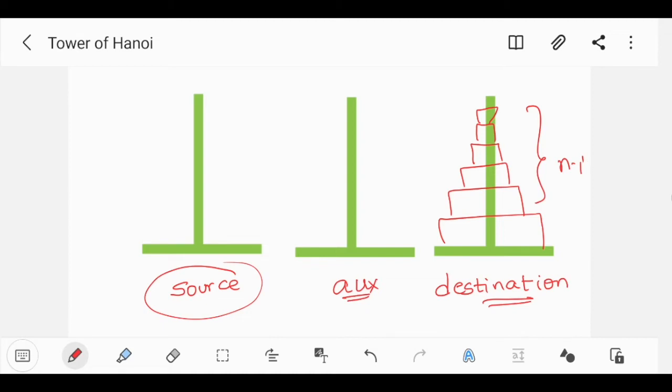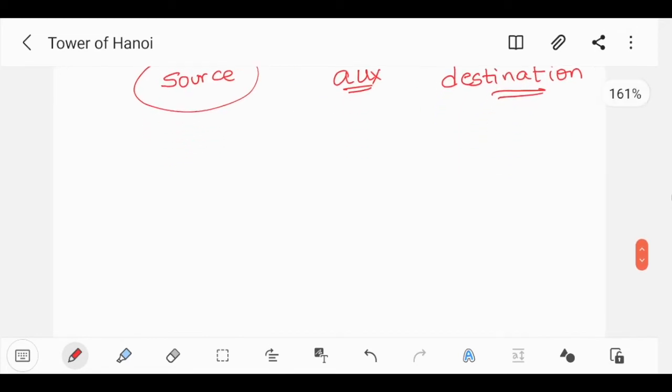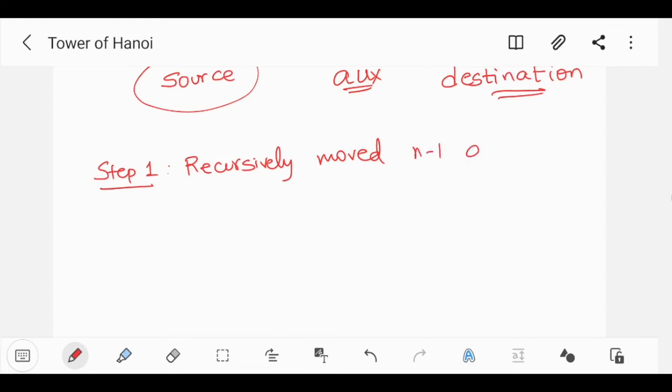So we pictorially did it. I think we should formally write the steps that we said, right? So step 1, what did I do? I recursively moved n minus 1 disks from source to auxiliary, and there was an empty peg which helped me do it, so that was destination, right?